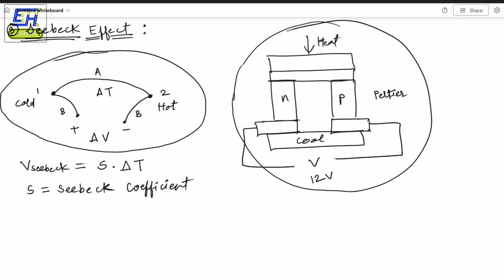But there is a big drawback. One of the drawbacks is that this is not very efficient. I cannot recall the efficiency, but it is very, very less as compared to steam turbines and other technology. Because one of the reasons is that you constantly need to maintain this temperature gradient, right? Delta T must be maintained. And you know very well that it is not easy.